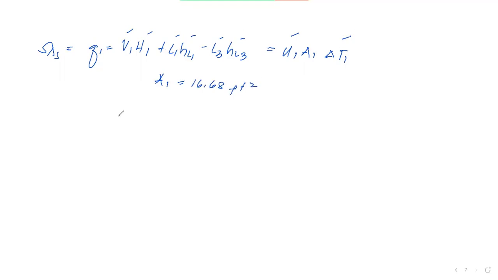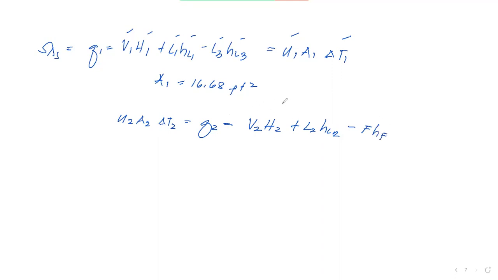Now for U2, A2, delta T2, which is your Q2, that will be V2 H2 plus L2 HL2, because this is the heat supplied in the second effect, minus F HF.